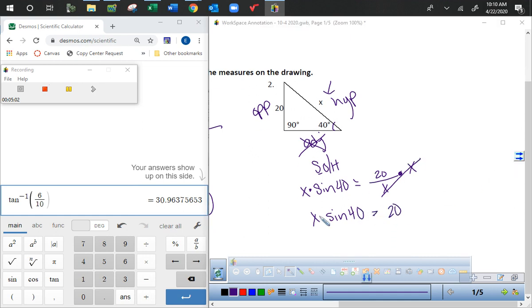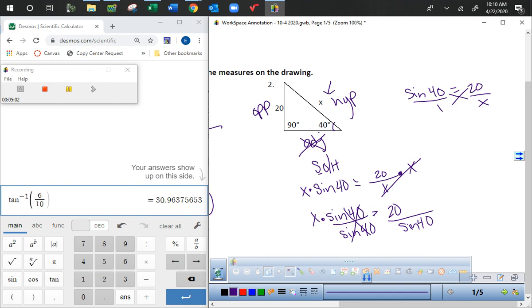Unfortunately, we haven't gotten x by itself yet, so we just have one more step. Since this says x times sine 40, we just have to divide by sine 40 on both sides to get rid of it. This is the same as cross multiplying, so if you're more comfortable with that, you can throw in the original step. I'll go back to it just to show you. You can throw this over 1 and then cross multiply to solve if you're more comfortable with that. But it's still 2 steps.